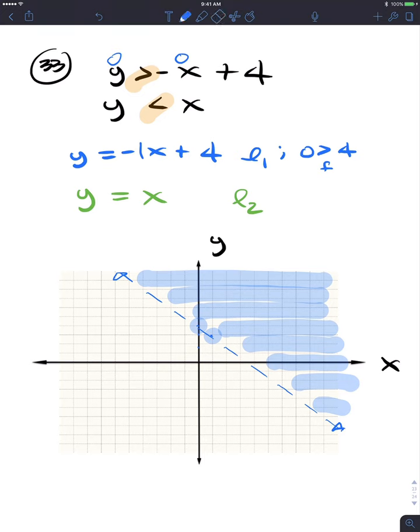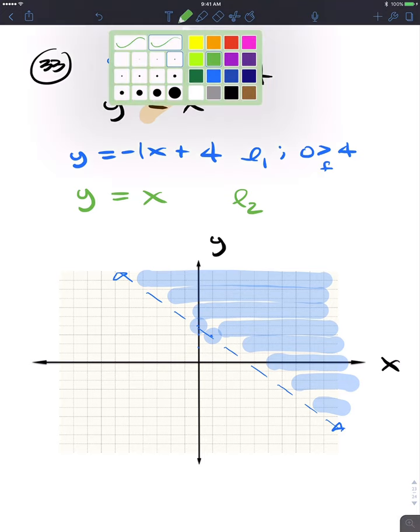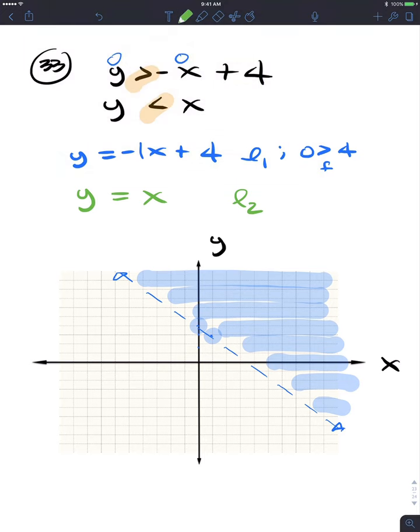Now in green, we're going to graph the second one. Y equals x is a line that goes through the origin, has a slope of 1. Remember, this is plus 0. So you're going to get a line that looks like this.